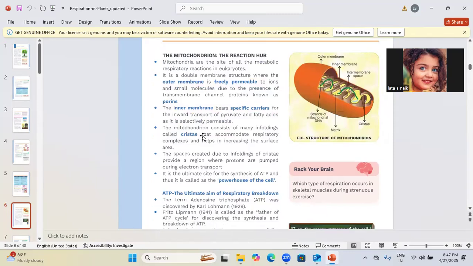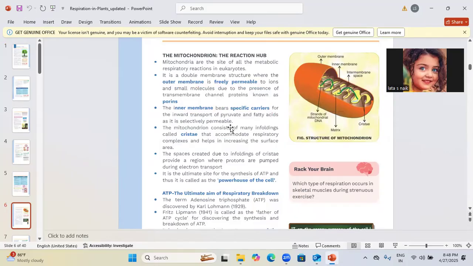The inner membrane bears specific carriers for the inward transport of pyruvate and fatty acids, and it is selectively permeable. This we have studied in our previous classes, in plant water relations, the permeability, diffusion and osmosis procedure, how exactly it happens through semi-permeable or selectively permeable membranes.